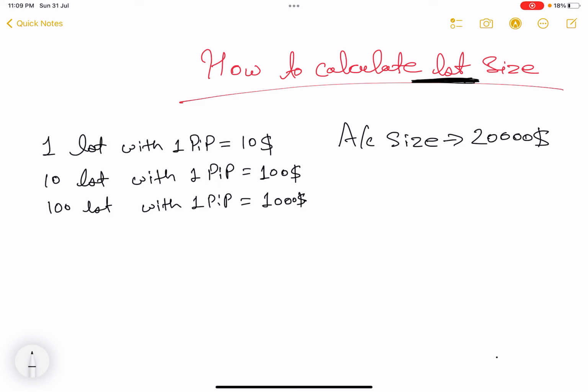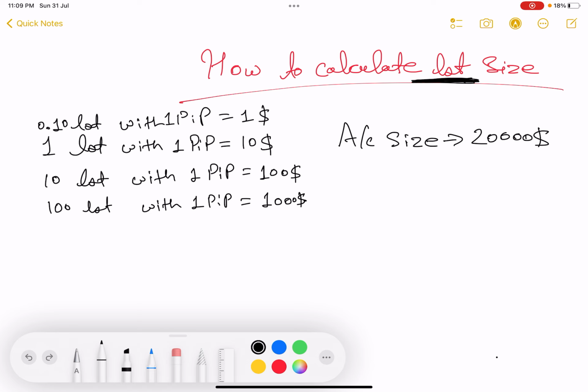And also there will be 0.10 lot, where one pip equals $1. So at minimum you have to keep your loss at least $1. This is very important. Now let's just take this as an example.